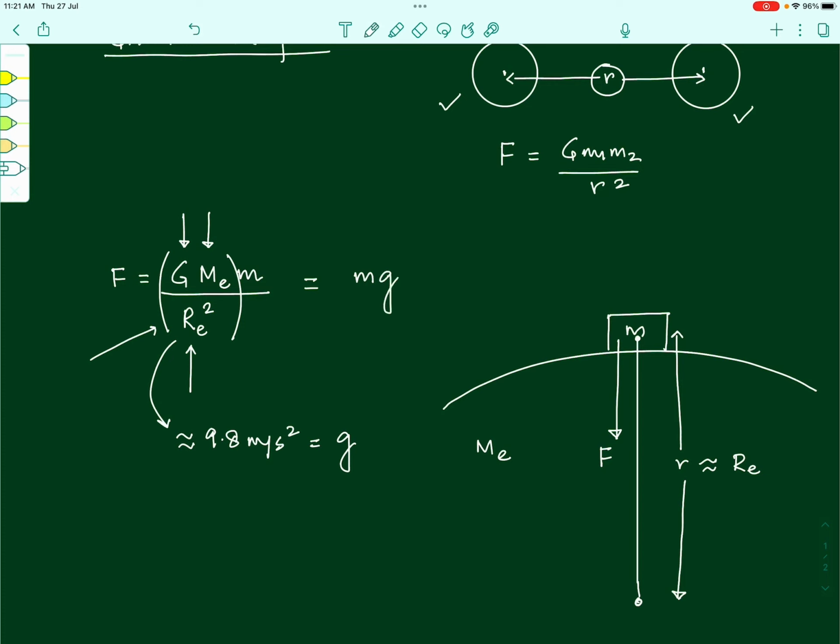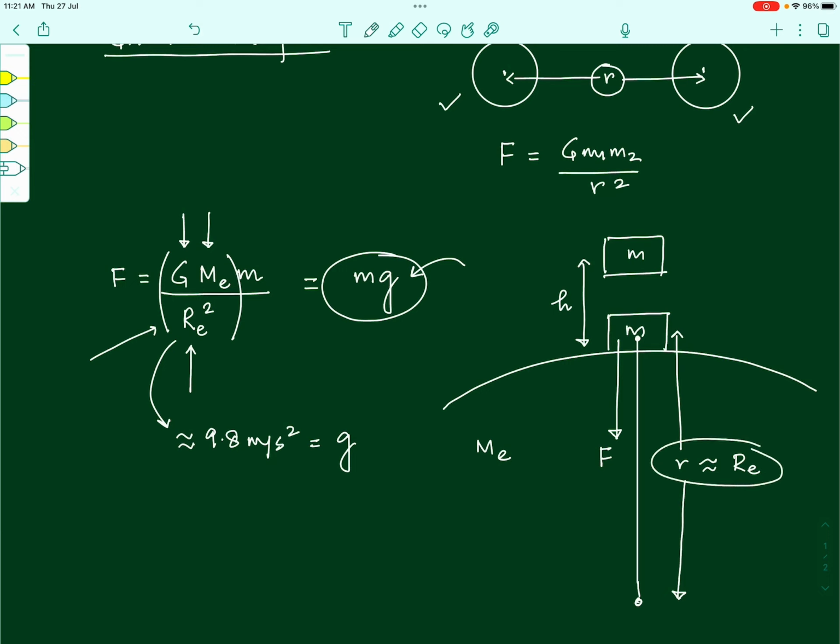So it is from here that we get the weight of a body, or the gravitational force acting on the body when the body is kept on the surface of the earth. Understand that the weight, or the force of gravity acting on the body, would still be the same if the body is taken to a small height above the surface. Let's say the body is kept a little above the earth's surface, at a height h, such that the height h is very small in comparison to the radius of the earth.